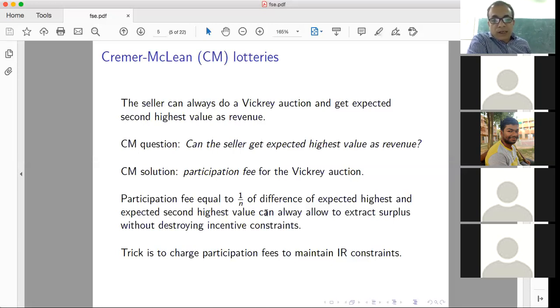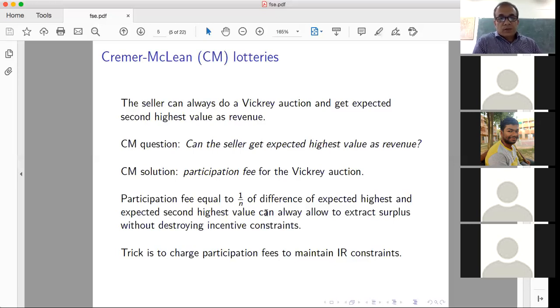Yes, that's what I said in the last bullet, that we can always charge such a participation fee, but it will result in the participation constraint being violated. For instance, as you pointed out, the lowest type will also have to pay a participation fee, but he has zero probability of winning. So basically, his payoff is negative.